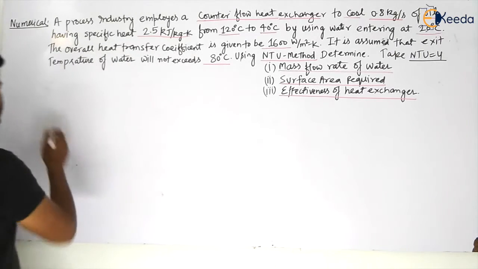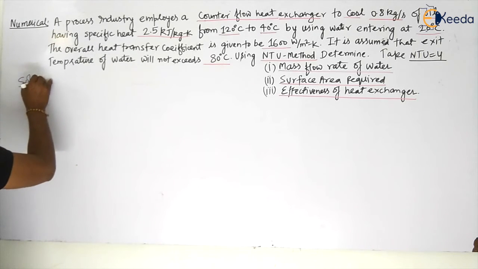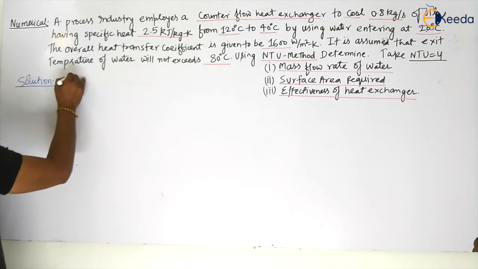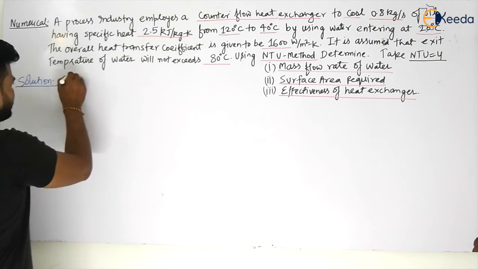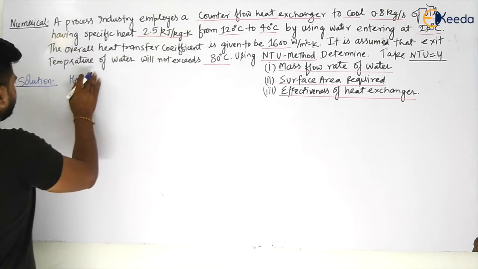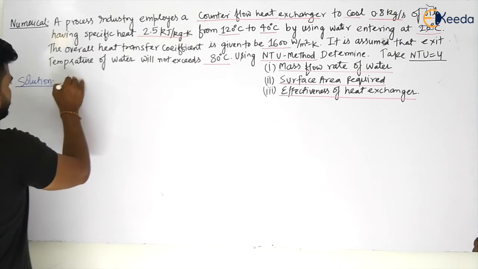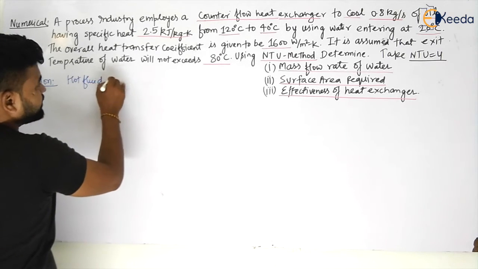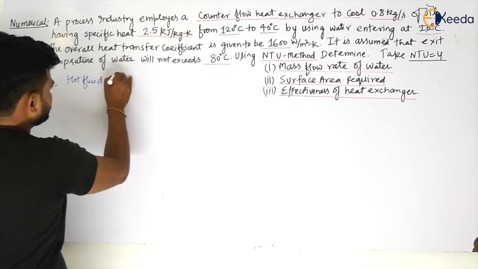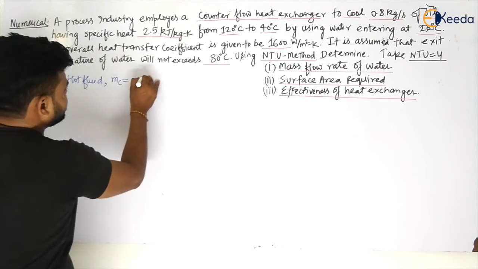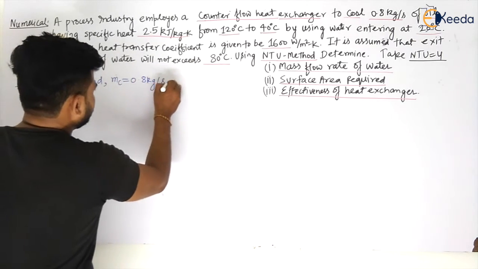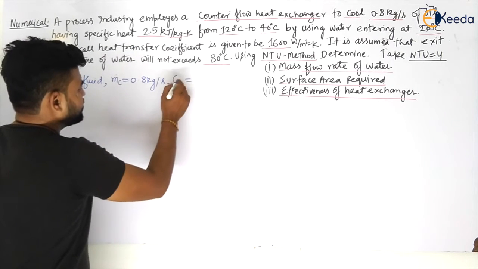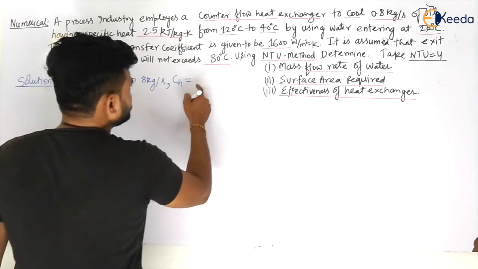Now let us see what he has given. Now he is considering an oil. So he is cooling oil, so we can take that as the hot fluid. That hot fluid has mass flow rate m dot c equal to 0.8 kg per second, having specific heat Cph, or we can directly write Ch is equal to how much?